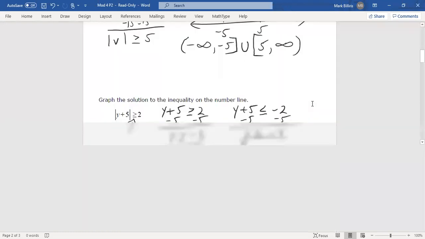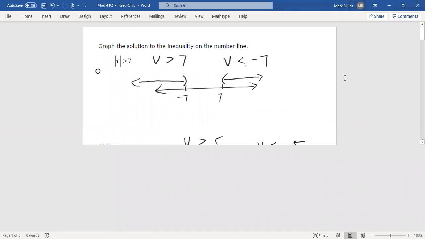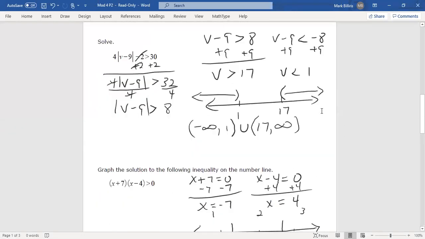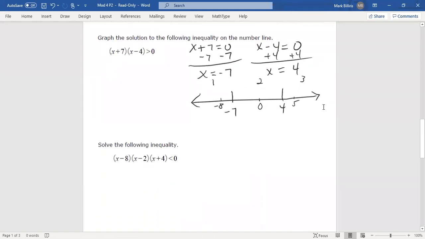So what I'm going to do is take my test points and plug them in to the given polynomial. So when I choose -8 and I substitute it in for the x, I would get -8 plus 7 and then -8 minus 4.